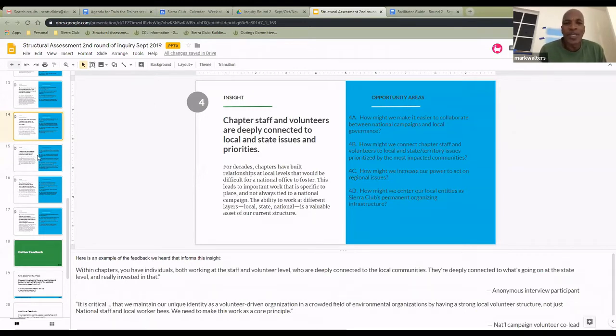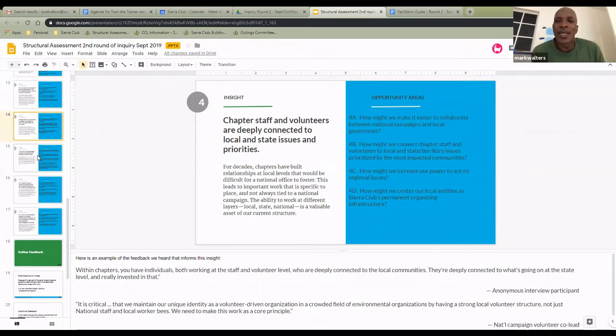And it's not always tied to a national campaign, and we want to be sure that we are supporting this. So based on this insight, we wanted to be sure that we are asking questions that are going to help us design the structure that's going to help foster this.